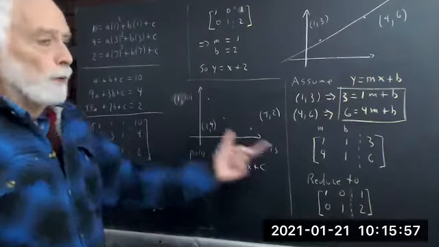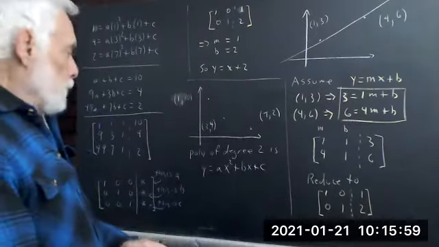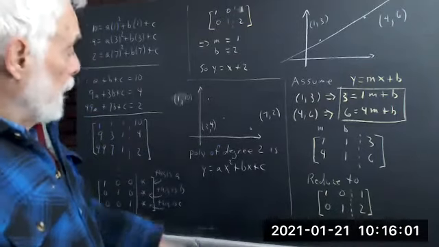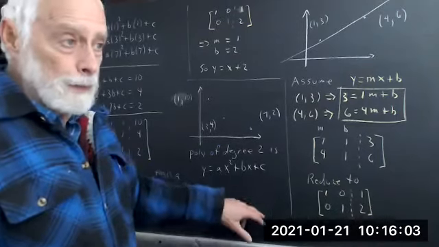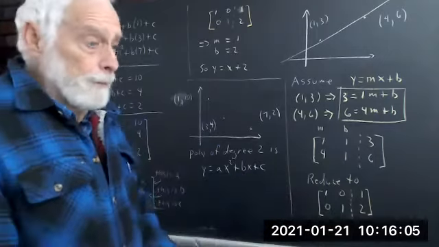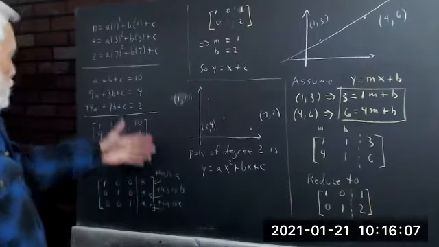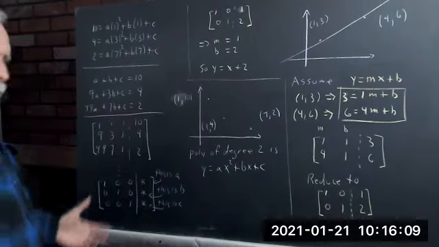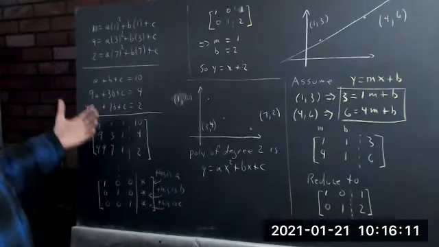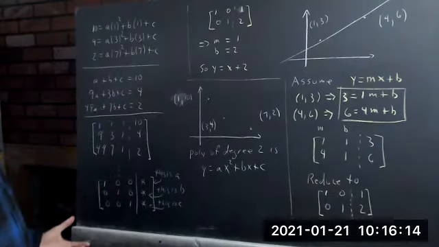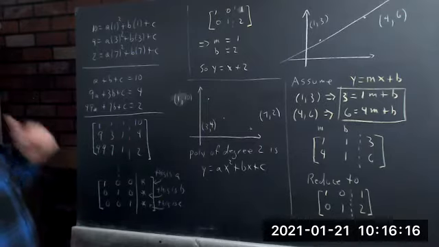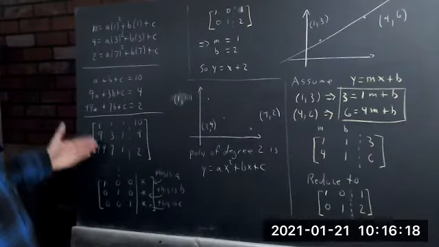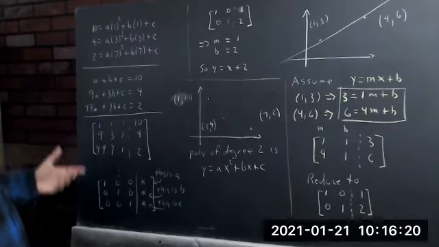If I've got 4 points, I can do the same thing. I'd have to have an ax cubed plus bx squared plus cx plus d. And I'd get a matrix with 4 rows and 4 columns. And I'd have a little more work to do. But you understand that it's not difficult, or at least you will understand after you've done a few of them.